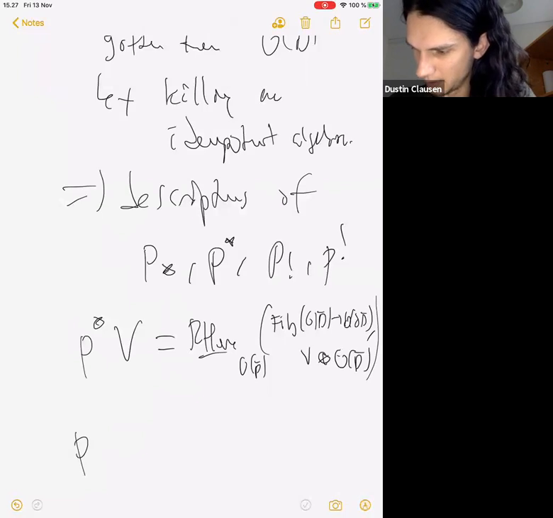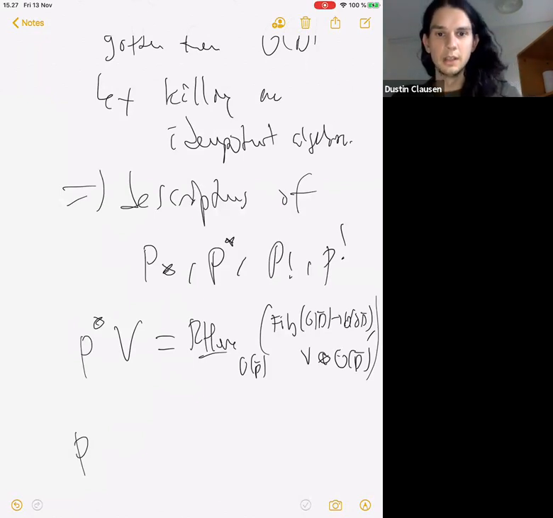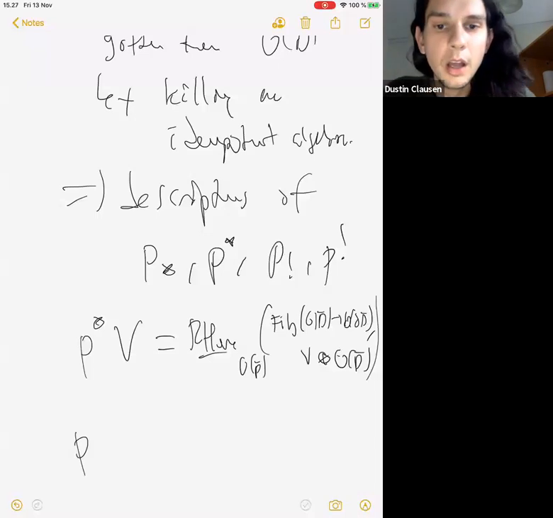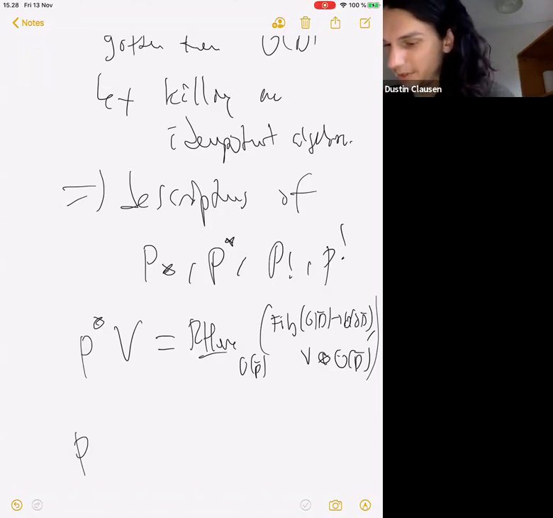Is it P upper star or P upper shriek? That should be P upper star, yeah. But you're homing from some fiber, and shouldn't the fiber be the P lower shriek? I may have gotten things mixed up here, I apologize. P upper star of V should just be V tensor O of D bar, right?